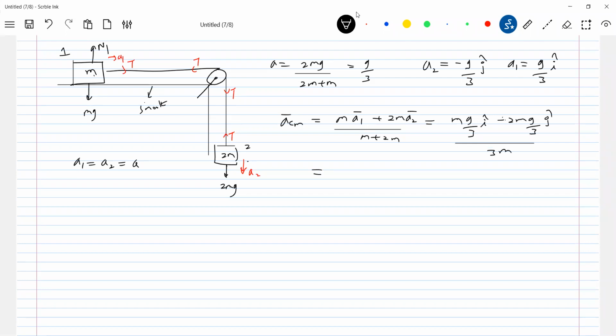M gets cancelled, so this will be g by 9 i cap minus 2g by 9 j cap. Now, what is the net external force acting on the system? Yes, I have a formula. Net mass of system m plus 2m into ACM. So this will be 3m.